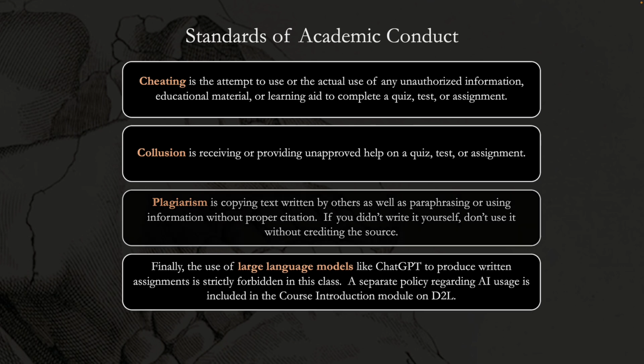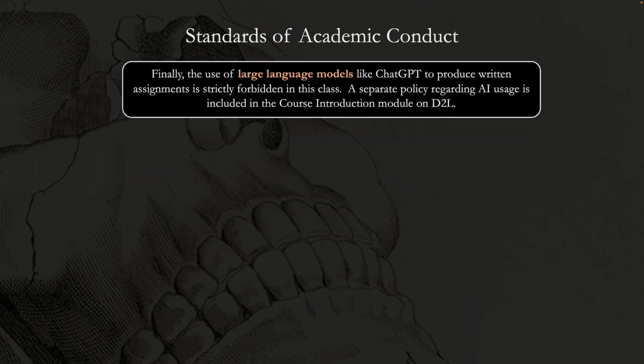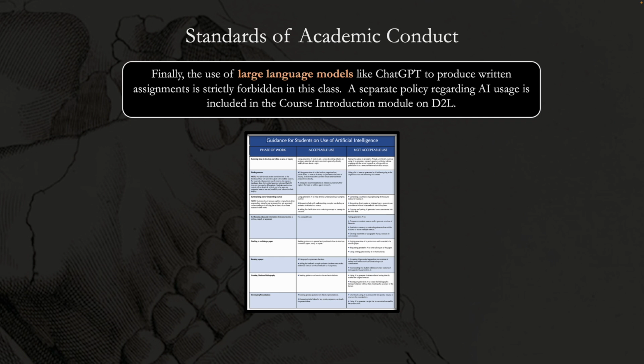In that module, I also include a guide sheet for students on the use of artificial intelligence, because there are some ways that you could use AI to assist you in completing an assignment. So I think it's worth taking a look at this. I identify what would be acceptable and also what would not be acceptable.